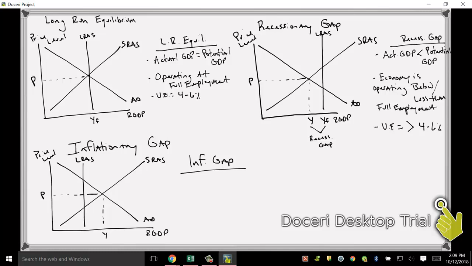Okay, now we have our last scenario. We call this an inflationary gap, and this is just the opposite of a recessionary gap. So now we can say that our actual GDP is greater than our potential.